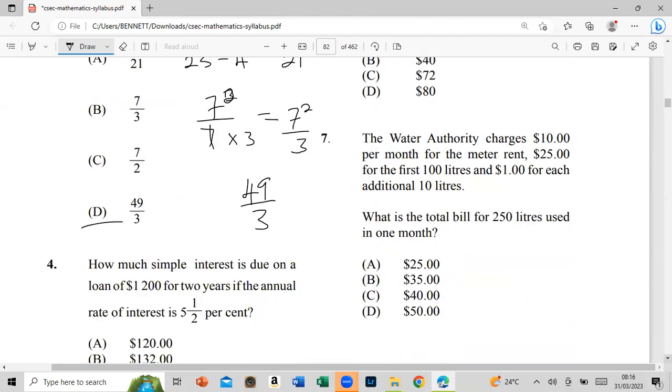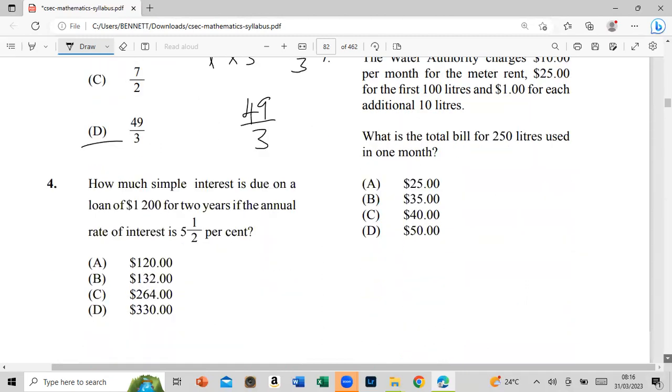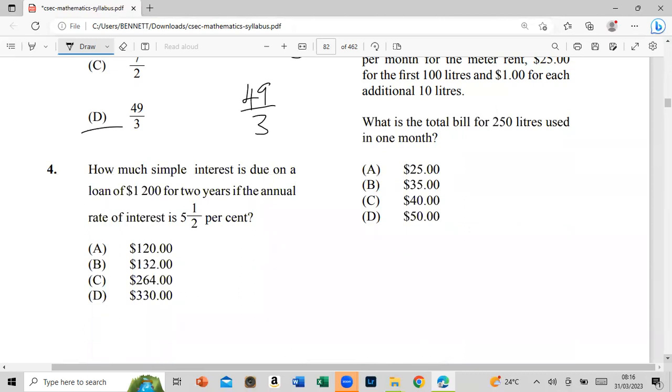Alright. How much simple interest is due on a loan of 1,200 for 2 years if the annual rate is 5.5%? Alright, so simple interest is equal to the principal times the time times the rate. I know it's over 100 because it comes from the rate.